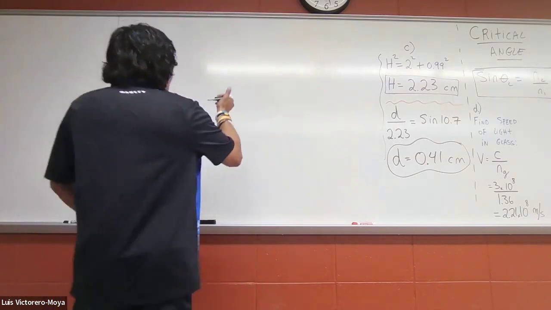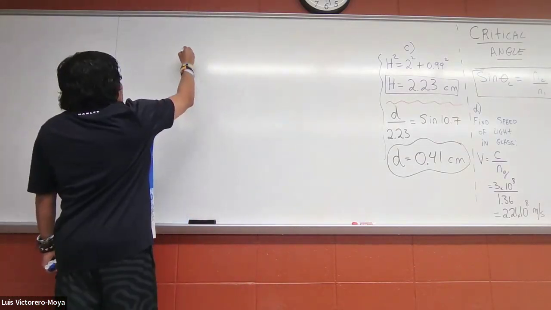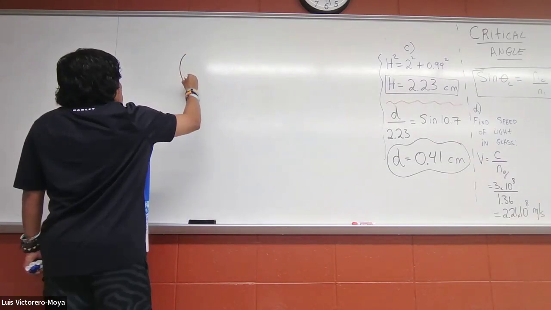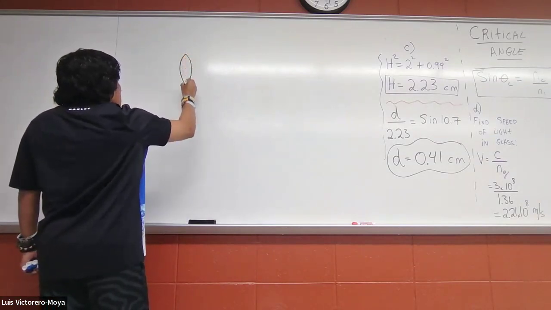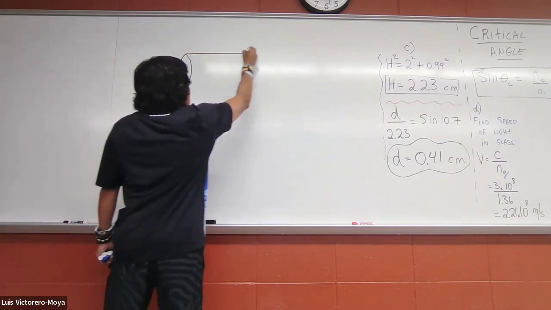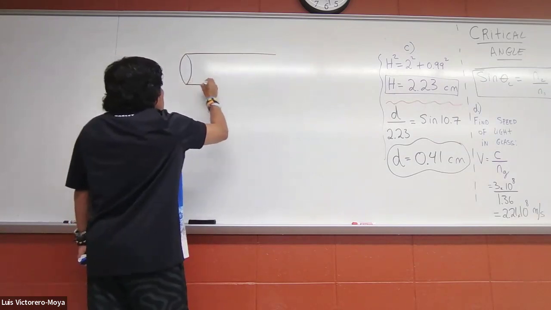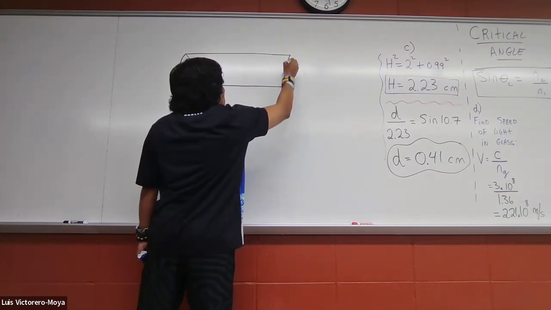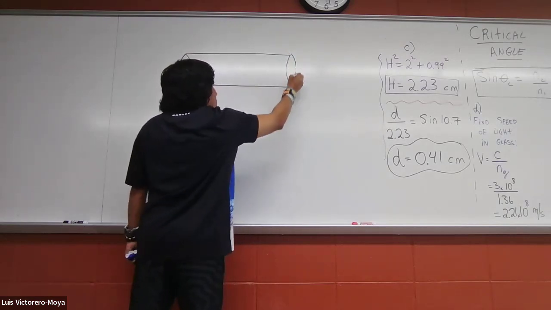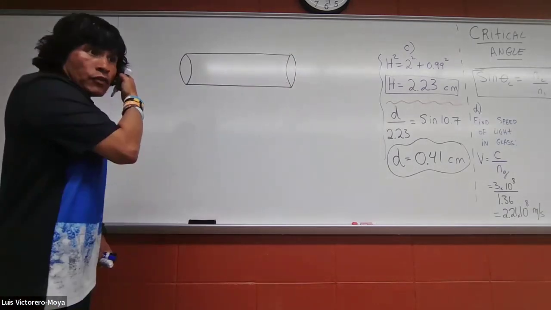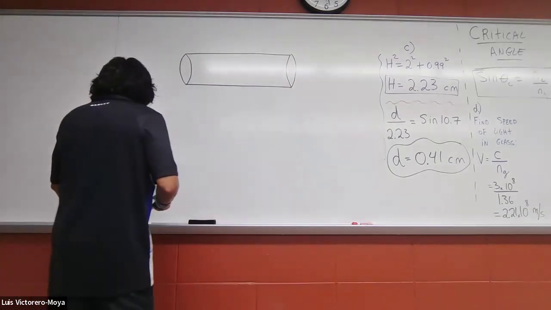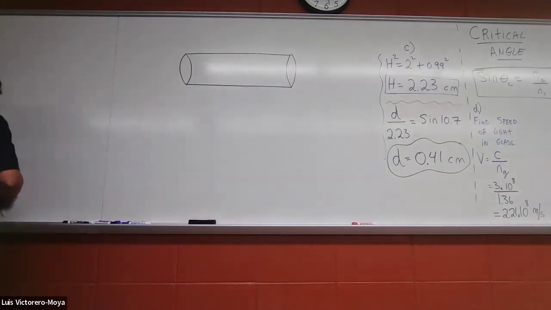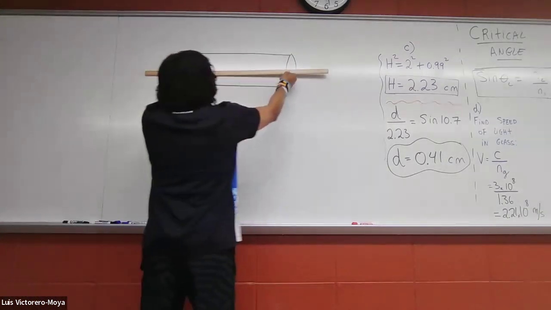So in here, for example, you are being given a pipe, a cylindrical pipe like this. And they give you the axis of symmetry. So they give you this.